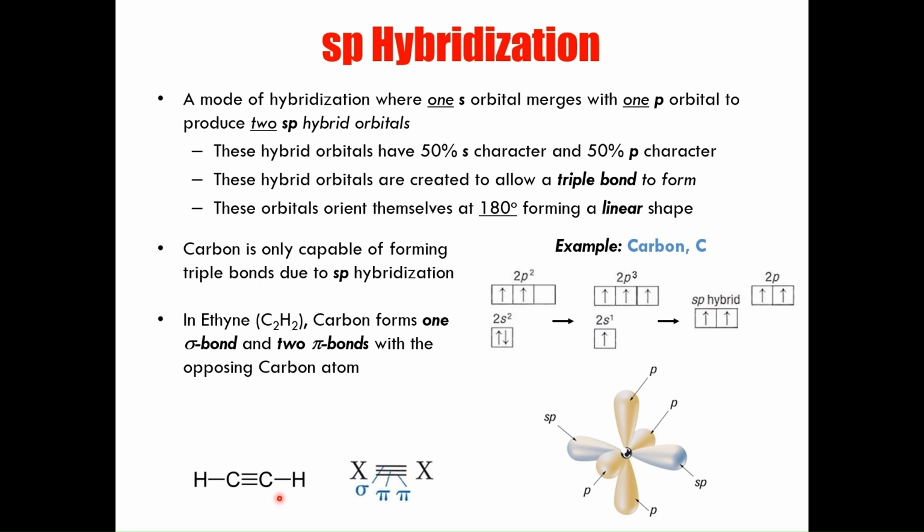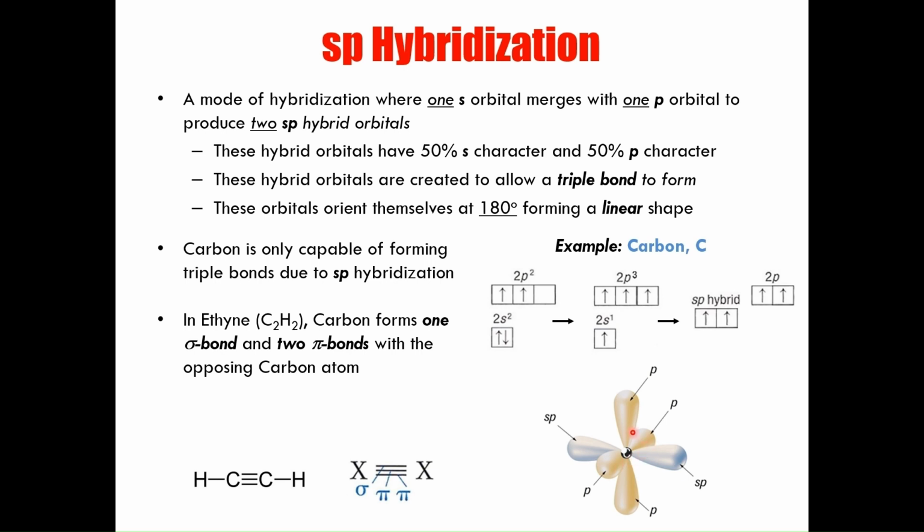This is made possible because of the 2 intact p orbitals. The vertical p orbital will of course create a pi bond with a side-to-side overlap as it did in sp2 hybridization. This horizontal p orbital will allow for a second side-to-side overlap, but this time along the x-axis.